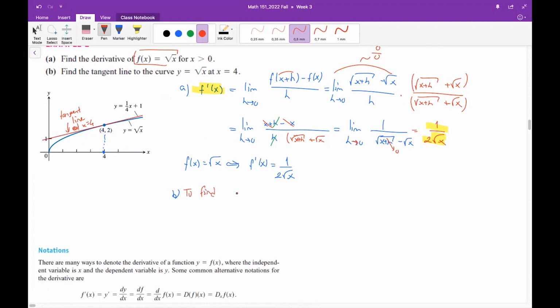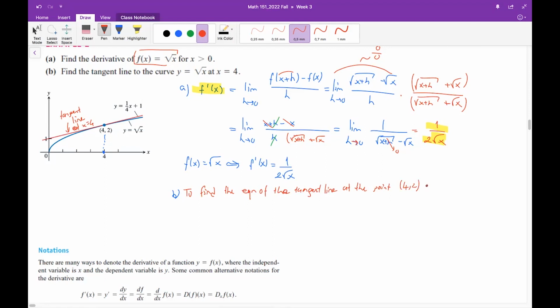To find the equation of the tangent line at the point, okay, our point is this one, 4, 2.